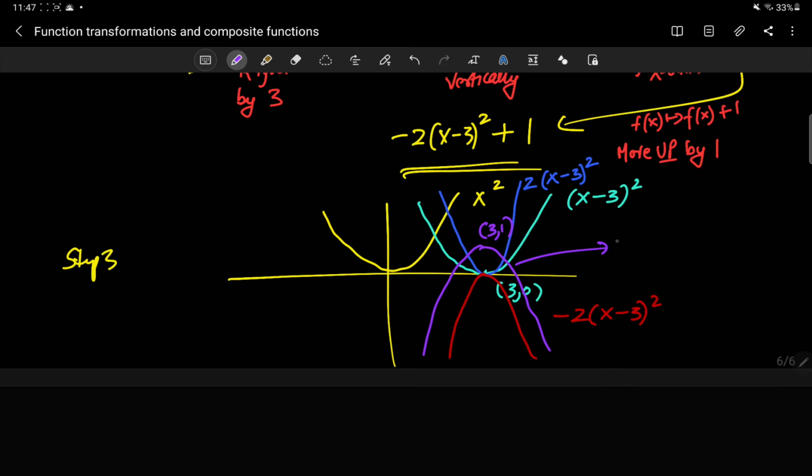So that would be negative 2 times (x minus 3) squared plus 1. So we break this down into a bunch of smaller steps, which we have already seen in terms of the graphical transformations.